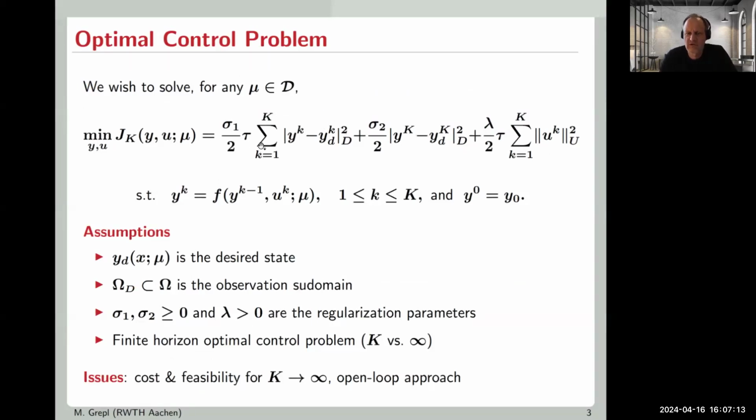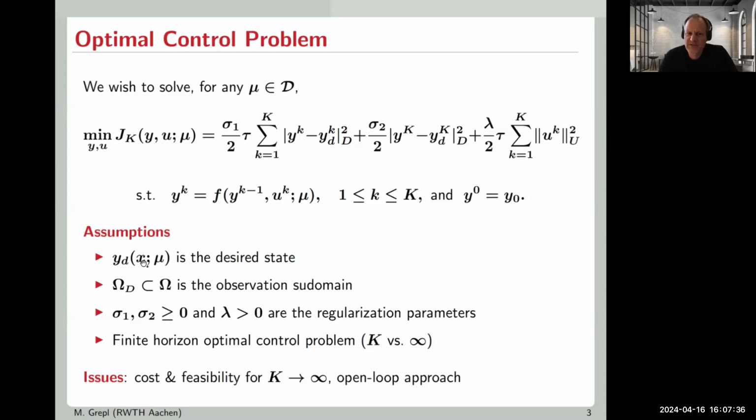In the continuous formulation, we would have the integral over time. In the discrete setting, now we have the sum over all the time steps. We have one term which measures the deviation of the state from the desired state at the final time step, and another term which measures the control input, subject to our parameterized PDE being satisfied.